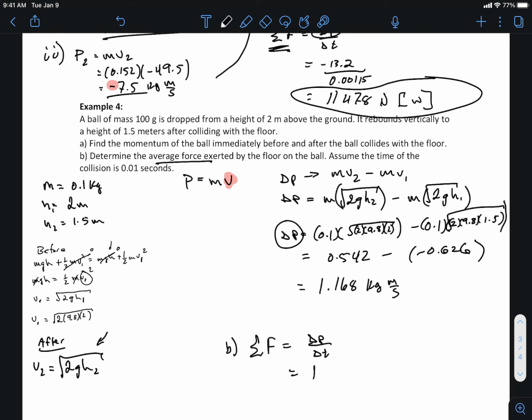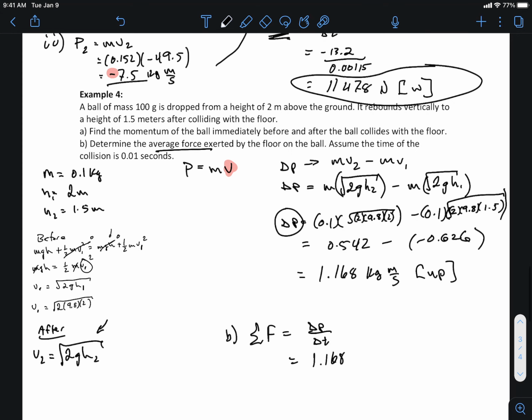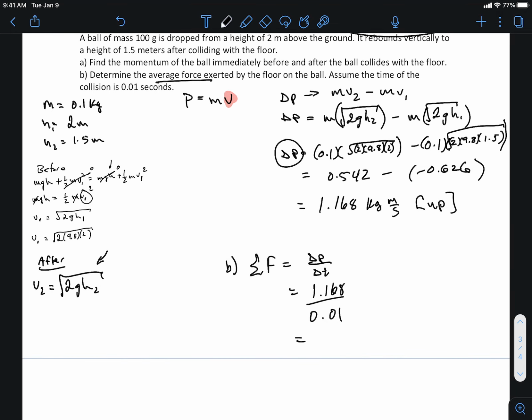Oh, and I should have denoted this was up, right? So this is 1.168, and we're going to divide by the time of 0.01. We should see the average force exerted by the floor on the ball will be 116.8 newtons up.